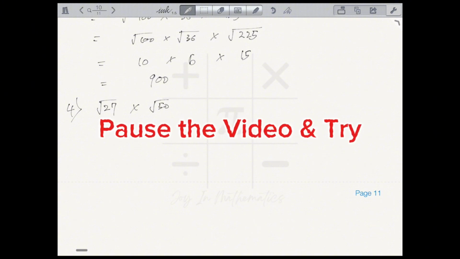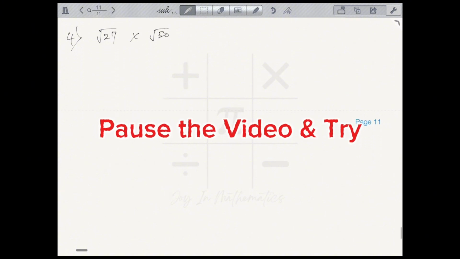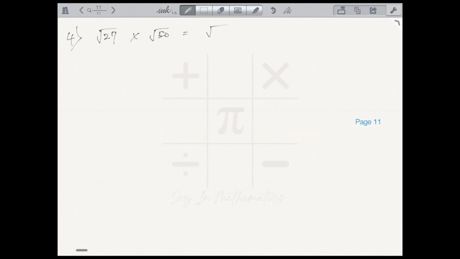You can pause the video and try this now. Root 27 multiplied by root 50. Now root 27 can be written as 9 multiplied by 3, and root 50 can also be written as 25 multiplied by 2 in its basic form.